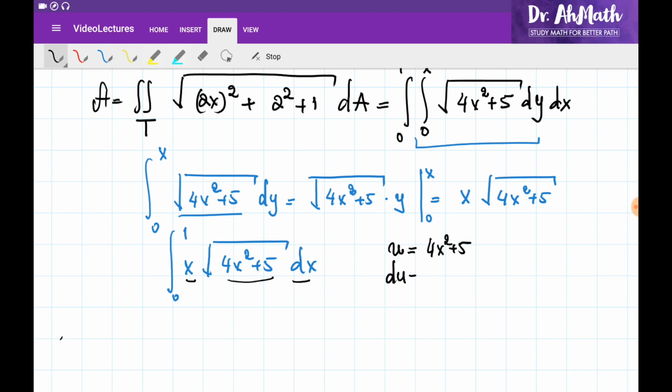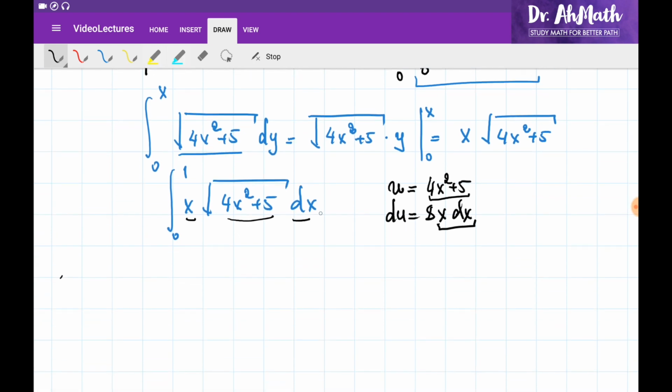Then du would be 8x dx, and I see x dx inside my integration. So if x is equal to 0, u would be 5, and if x is equal to 1, u would be 9, multiplied by the square root of u multiplied by x dx. So x dx is simply du over 8.